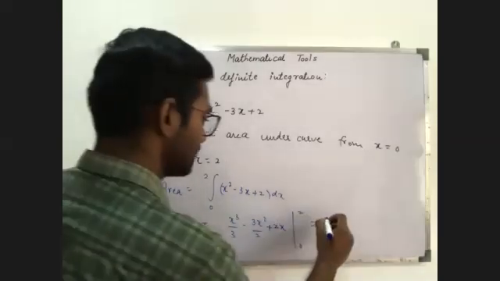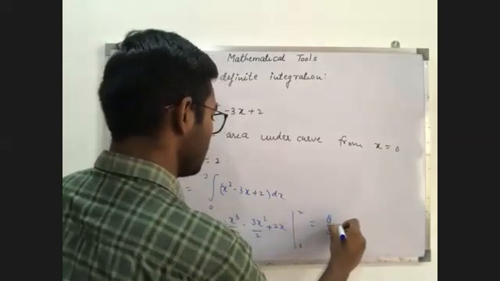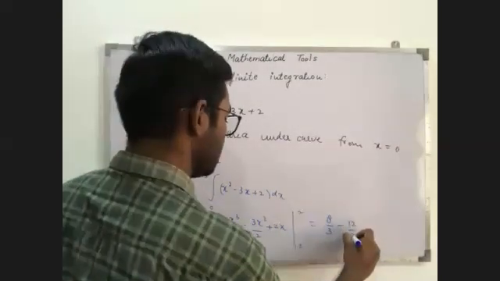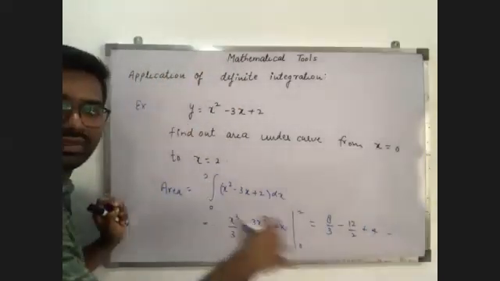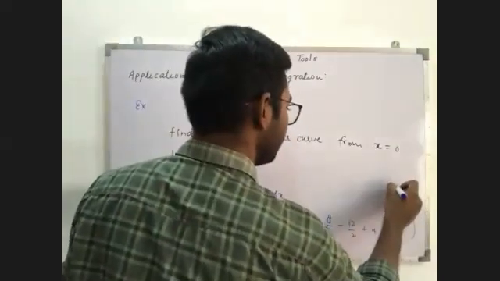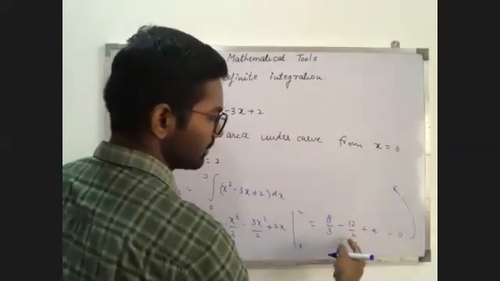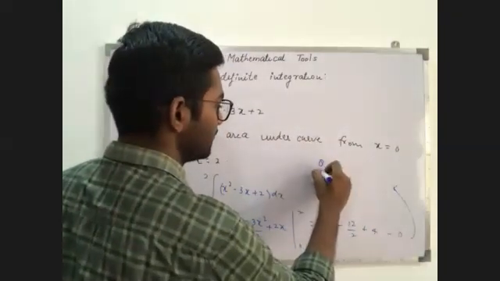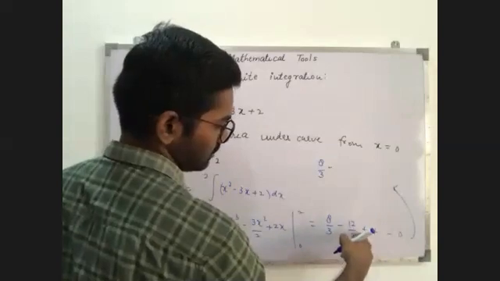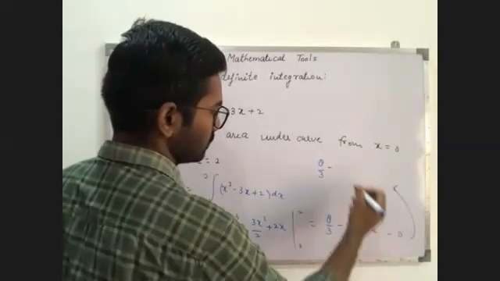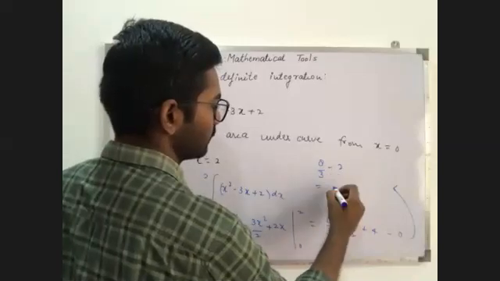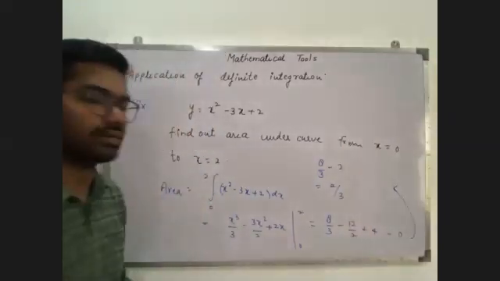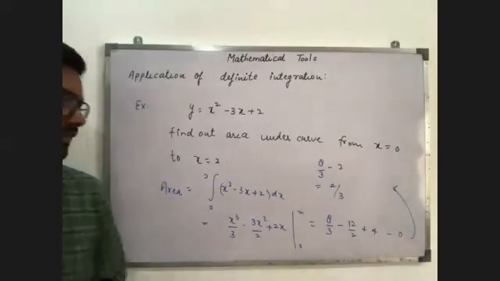Put the value 2: 8 by 3 minus 12 by 2 plus 4. If you put 0, everything is 0. So 8 by 3 minus 6 plus 4, 8 by 3 minus 2, so that will be 2 by 3. Is it clear to everyone?